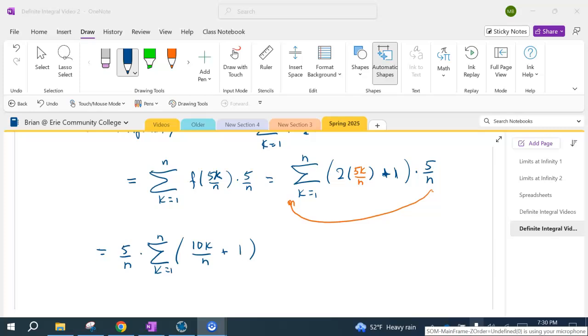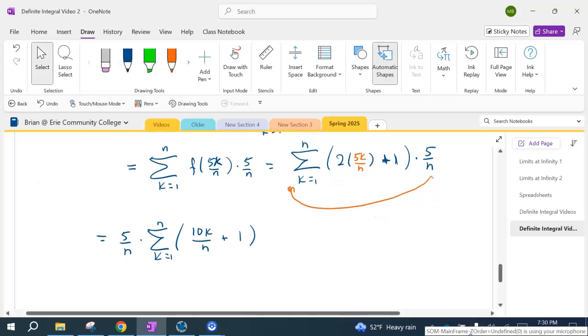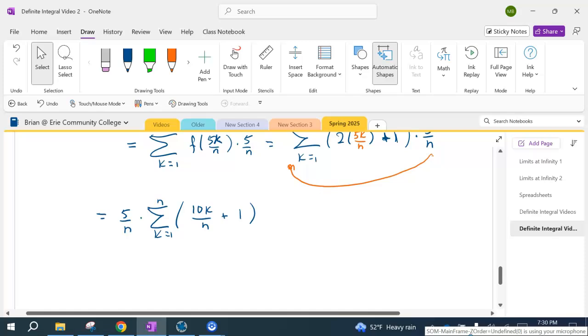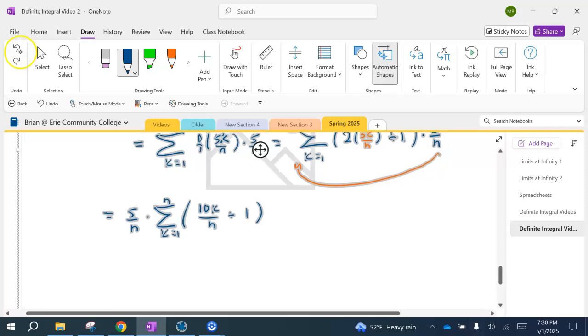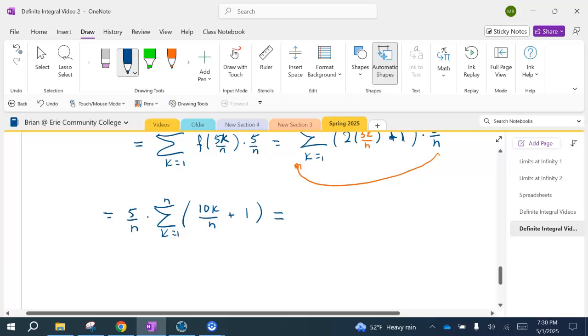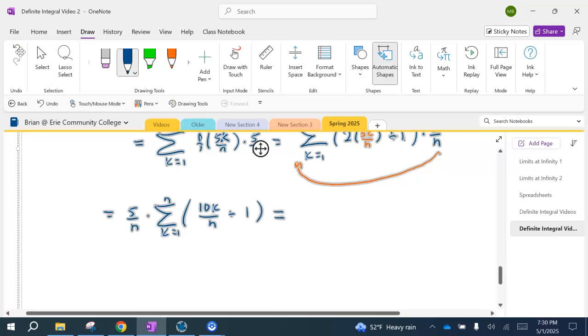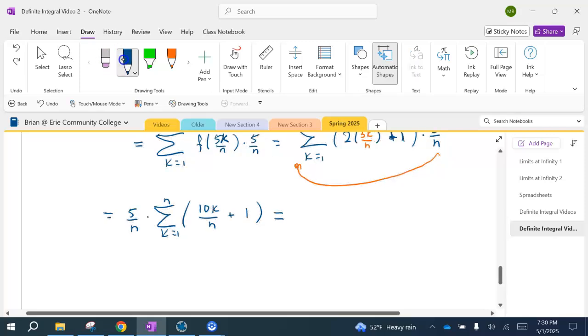And then we're just going to do a little bit of rearrangement, and then eventually we'll be applying those summation facts we had up above. Now, looking at this, we're just going to do a little rewrite here. Again, we still have the 5 over n times, and then I'm going to put a big parentheses there.